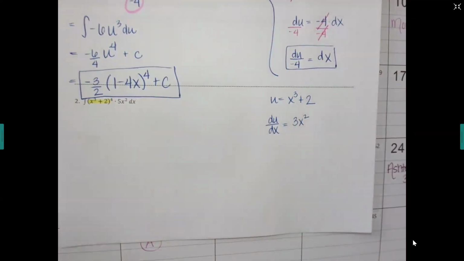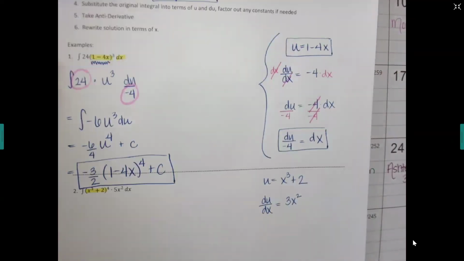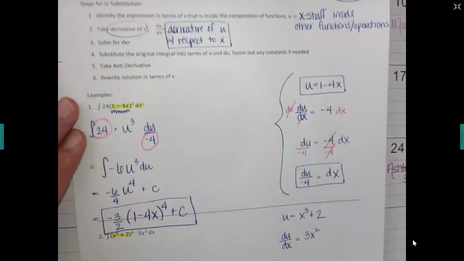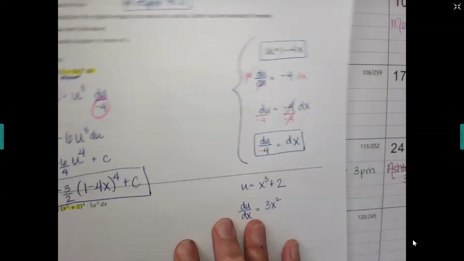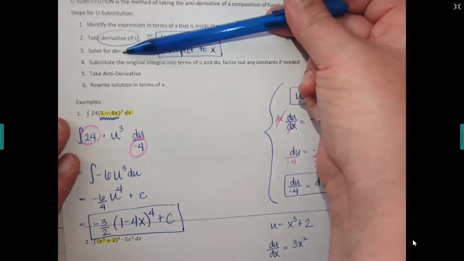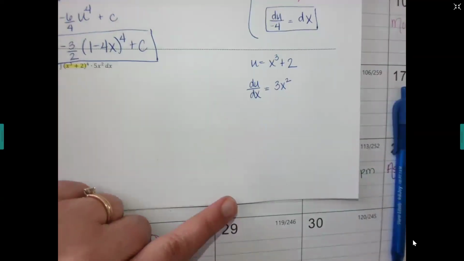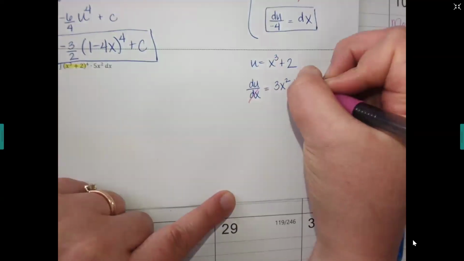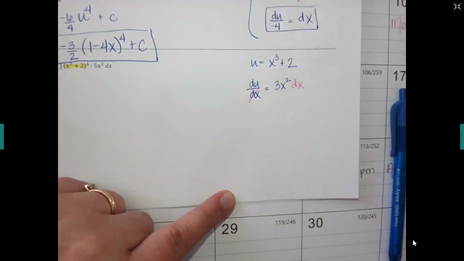Okay, next step. Follow along on your list. We identified our u. We took the derivative. What's next? Solve for dx. So I'm going to have to times my dx up, and then I'm going to have to divide my 3x squared down.